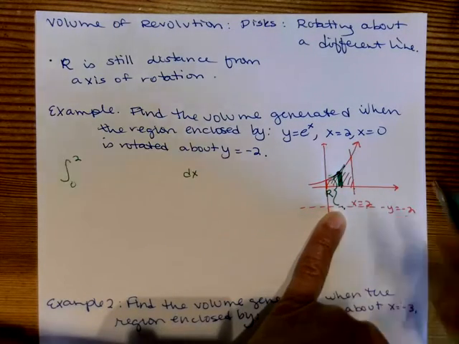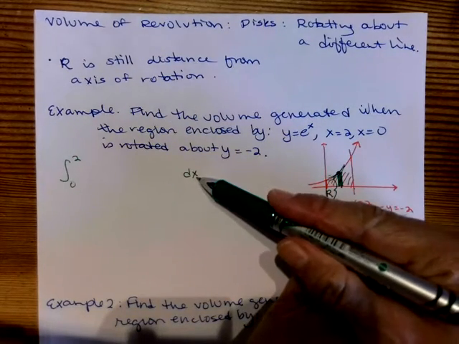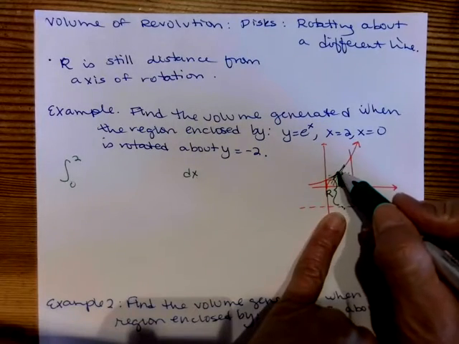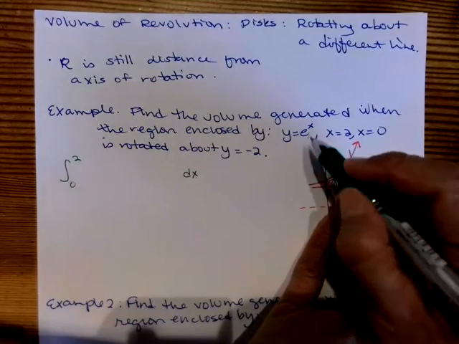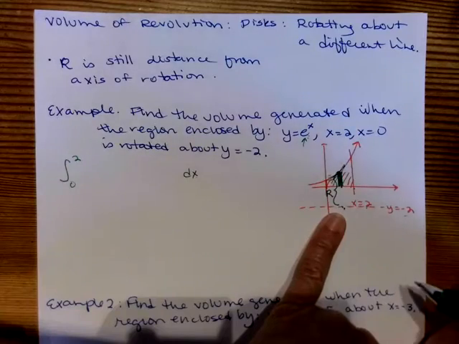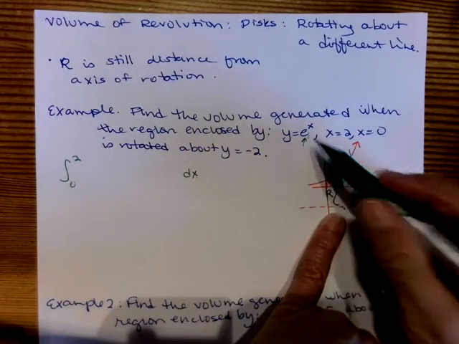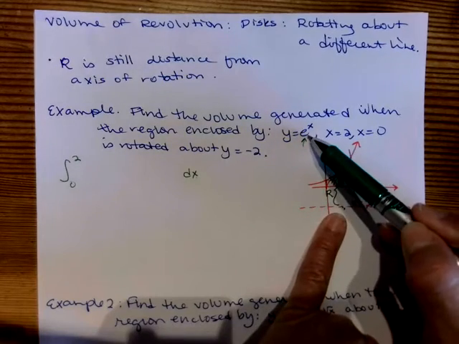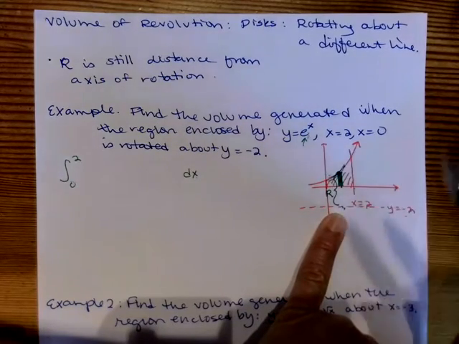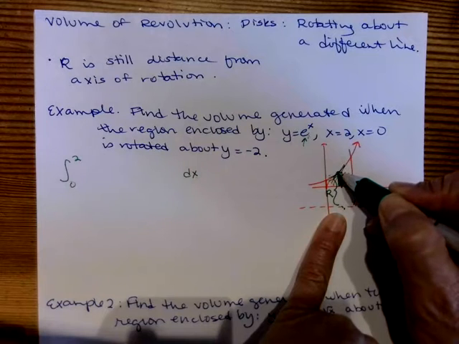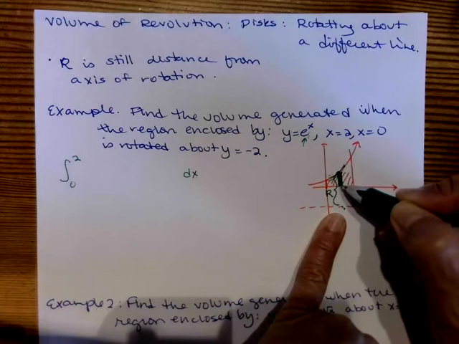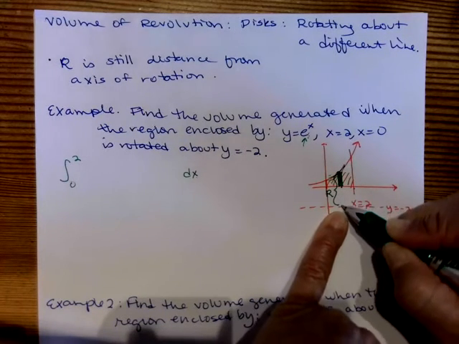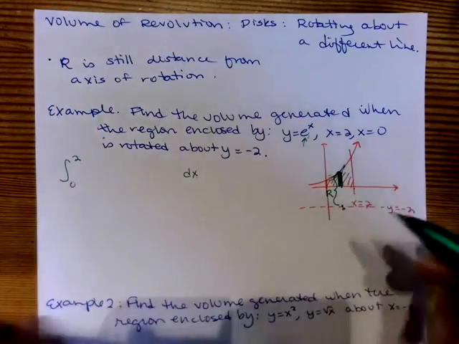But notice I have dx, so when I talk about the y value here, I want to use the x version of that. Since I'm integrating with respect to x, I'm going to use e to the x. Then it's e to the x from here to here, but I also have an additional distance of 2 down to here.